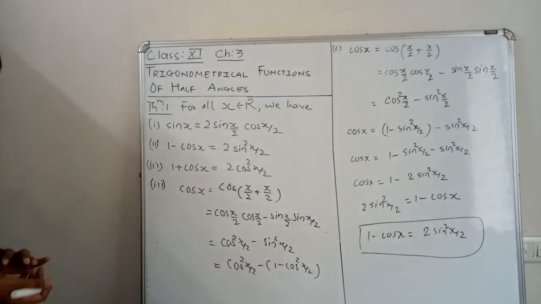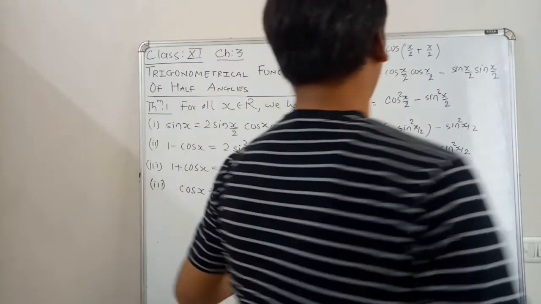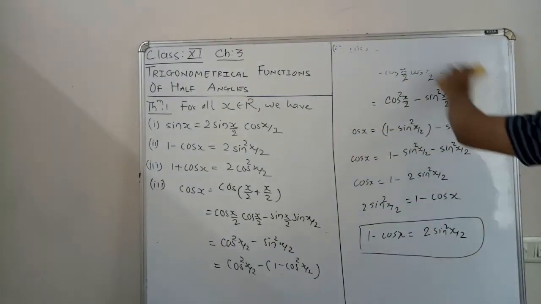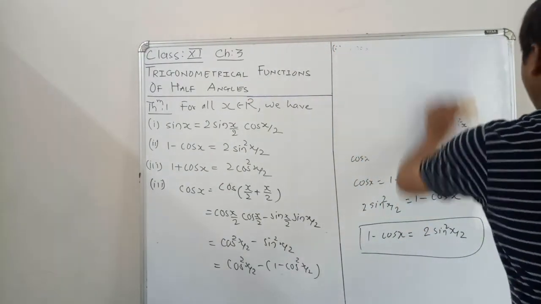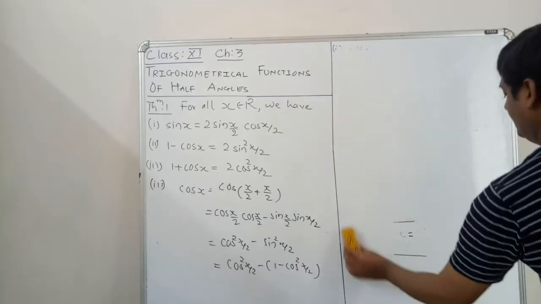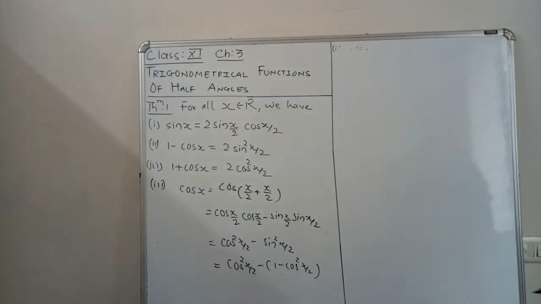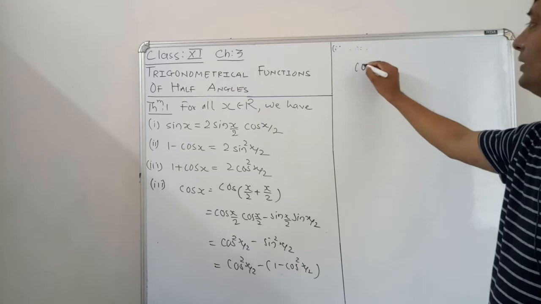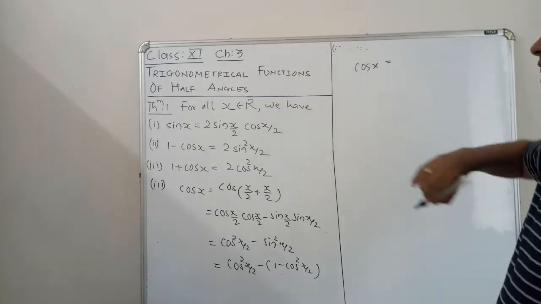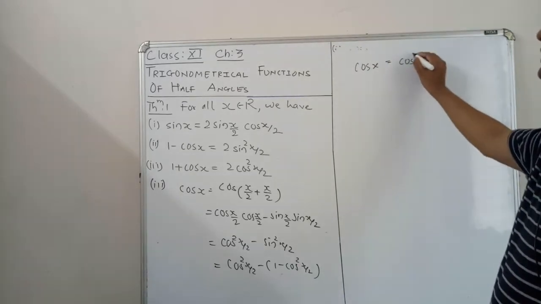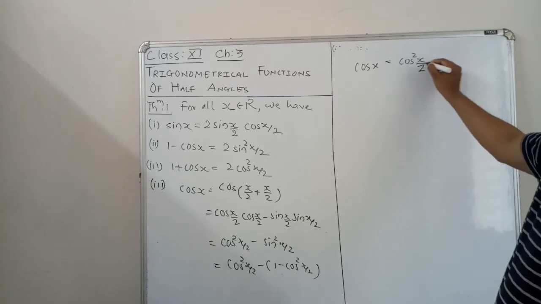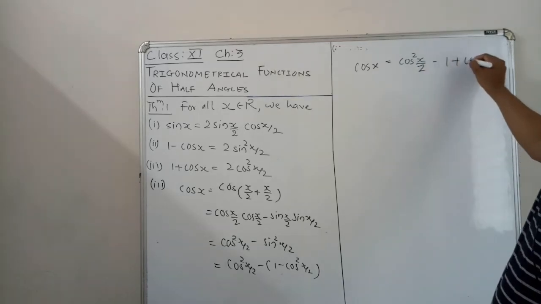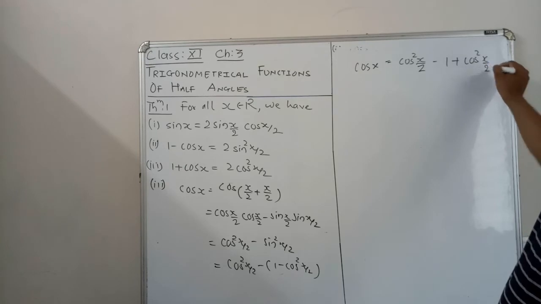Just in 2 steps we get the answer. So now cos x is equal to cos square x by 2 minus 1 plus cos square x by 2.